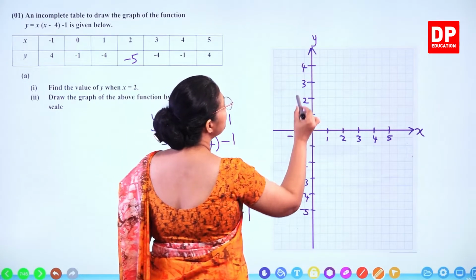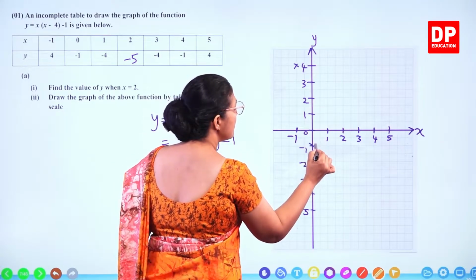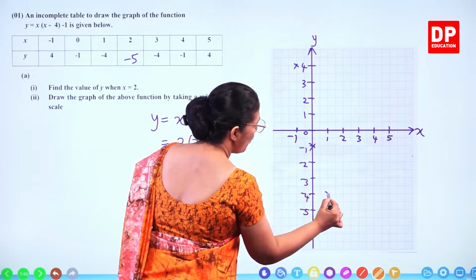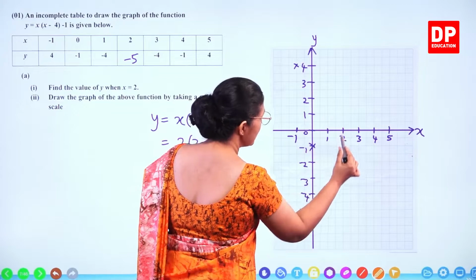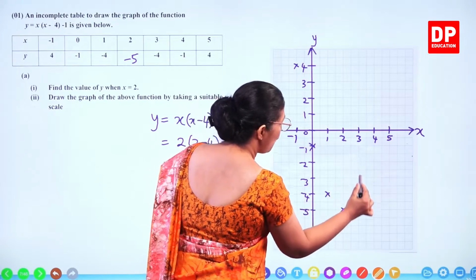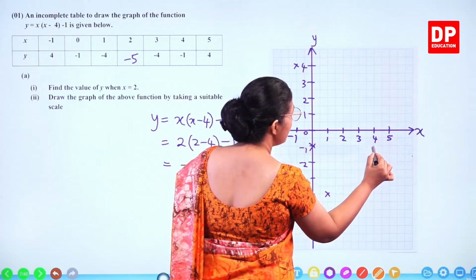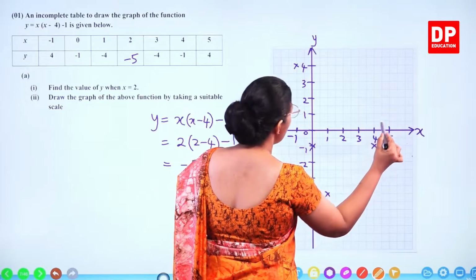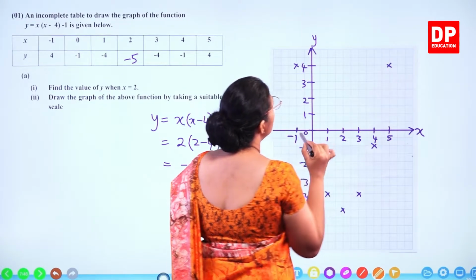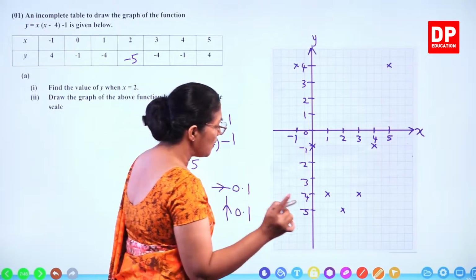Minus 1, 4. This point, 0, minus 1. Here, 1, minus 4. This point, 2, minus 5. And then 3, minus 4. 4, minus 1. And 5, 4. 5, 4 is here. Then you have to connect smoothly. What is my advice?